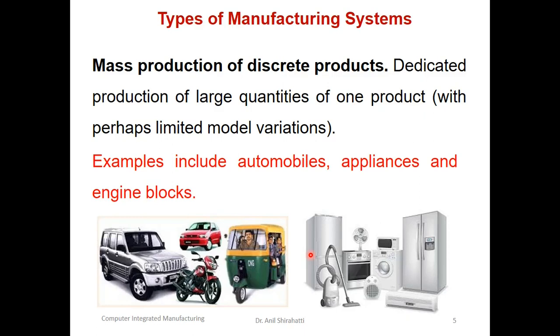For example, if we consider a fridge, maybe 200 liter, 210 liter, 240 liters, like this. Similarly, applicable in automobiles, so in Maruti we will have Swift. Then in that we may have LXI, VXI and ZXI versions.